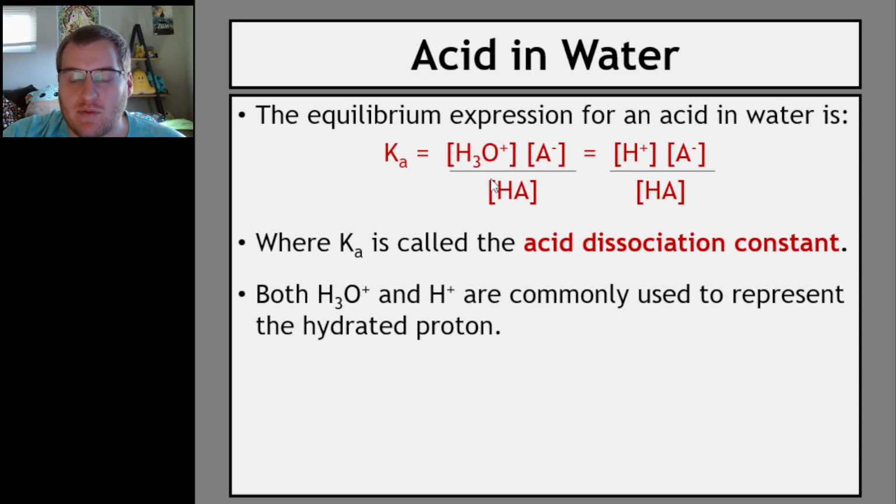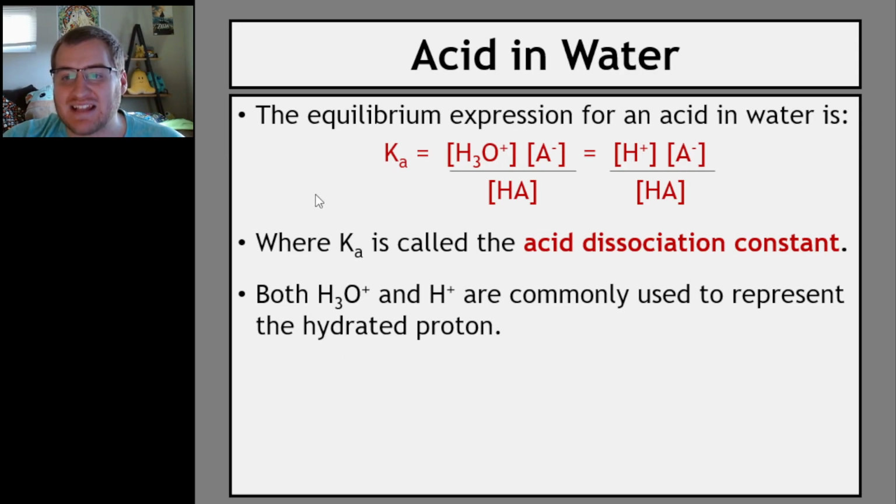In real life, we would see H3O plus ions bonded together, giving things their acidity. But a lot of times, to simplify our calculations and as a little shortcut, we just write H plus instead. Just know anywhere you see H plus, it's the same thing as H3O plus. You can write either, both are correct. They're both used to represent the hydrated proton.